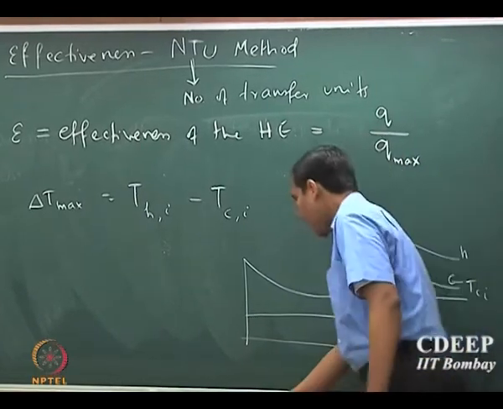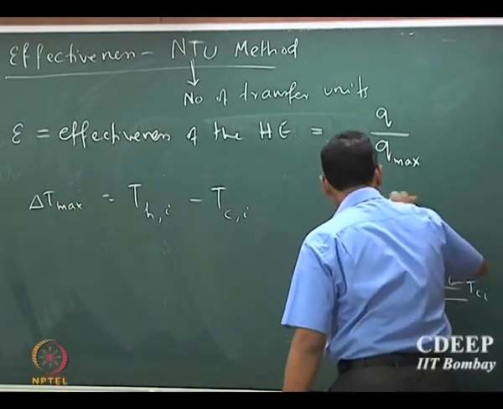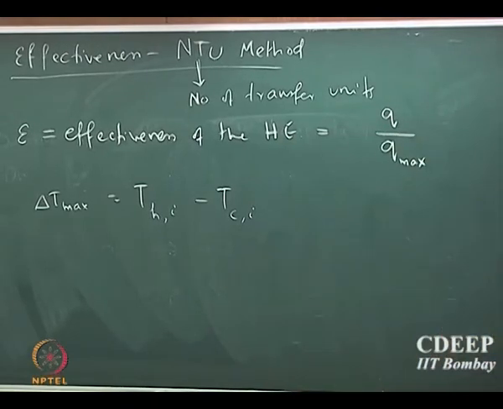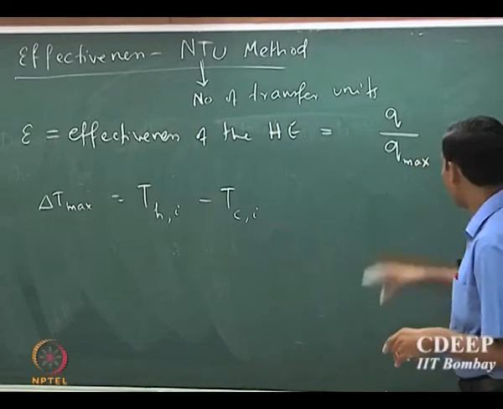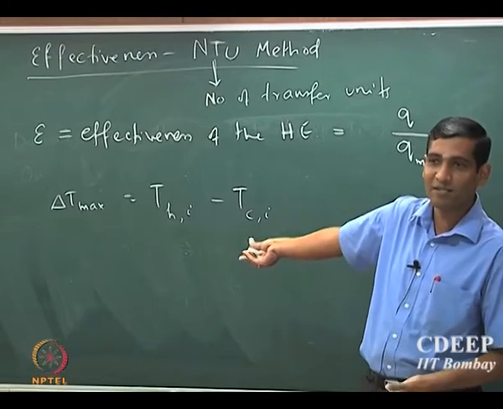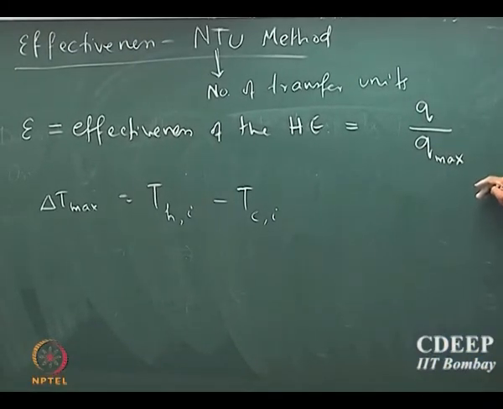Now having said that, if we know the maximum possible temperature difference, how do we find the maximum possible heat transport rate? Remember, we want Q max. We don't want delta T max. Actually, we want delta T max, but really to define efficiency, what we need is Q max, the maximum possible heat transport rate.